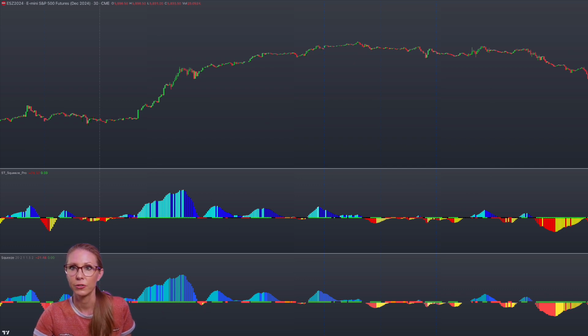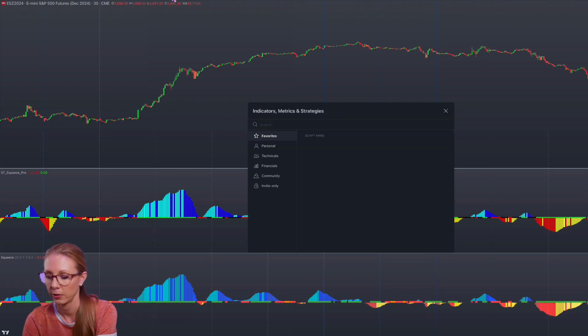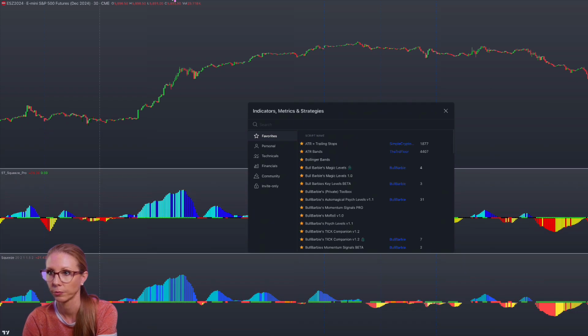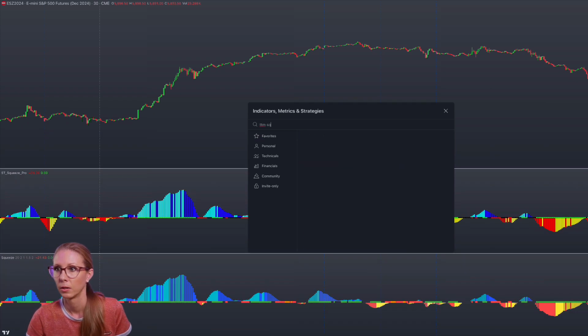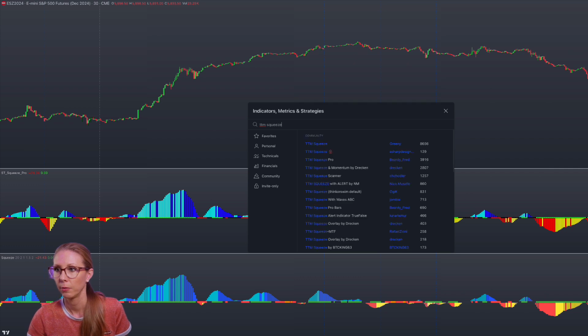This one down here is Beardy Fred's, and I'll pull that up so you can see which one it is. So if you search for TTM Squeeze, it's this one right here that comes up, TTM Squeeze Pro by Beardy Fred.